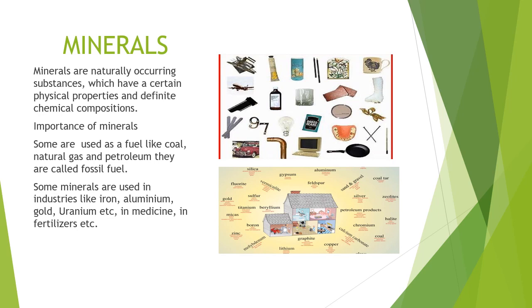Some minerals are also used in industries to manufacture varieties of items like iron ore, aluminium, gold, uranium, etc. Some minerals are also used in medicines by pharmaceutical companies, and to manufacture fertilizers, etc. So in this way, minerals are very important for us.